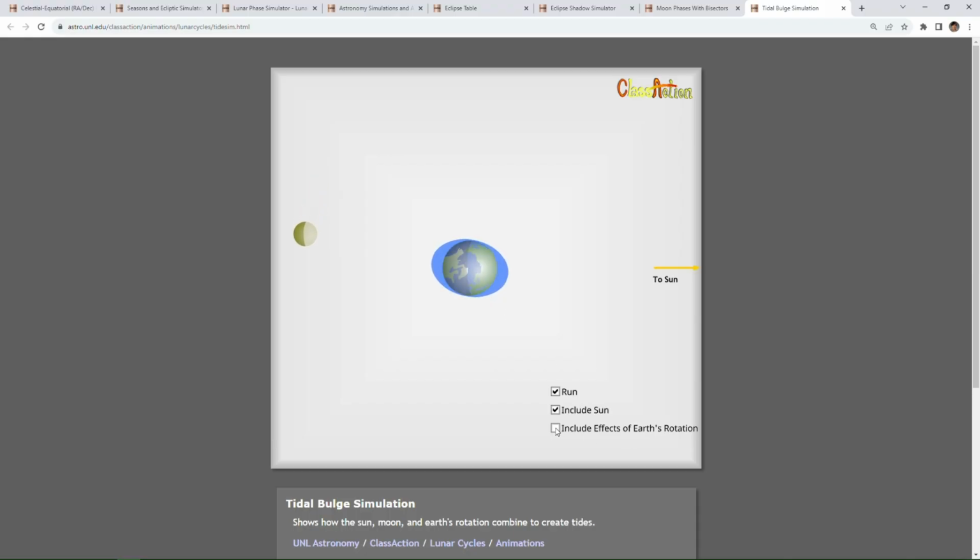And the Earth's rotation will also increase the friction on the ocean being stretched or pulled by the moon. So it adds another complexity to the tides. But the majority of the effect is due to the moon's gravity on the Earth, applied or stretched differently on the front side and the back side.